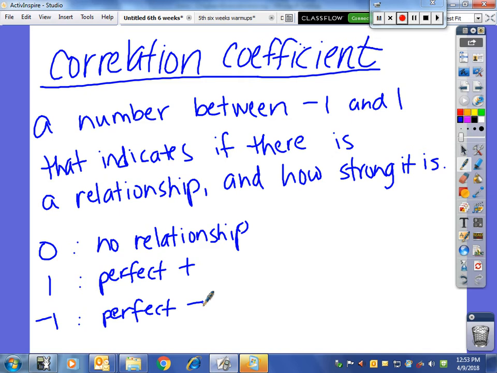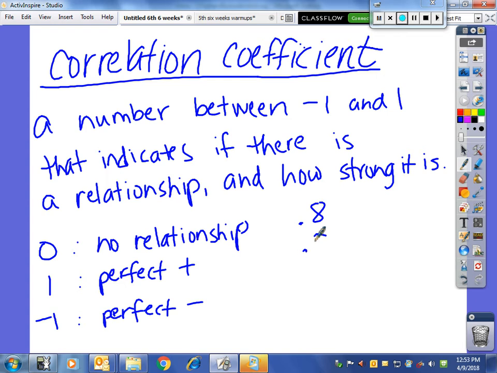So, let's say you had a correlation coefficient of, this is just an example, you don't have to write this down, 0.8. Well, it's not perfect, but it's a pretty strong positive. Perfect would be exactly 1. But it's pretty strong.